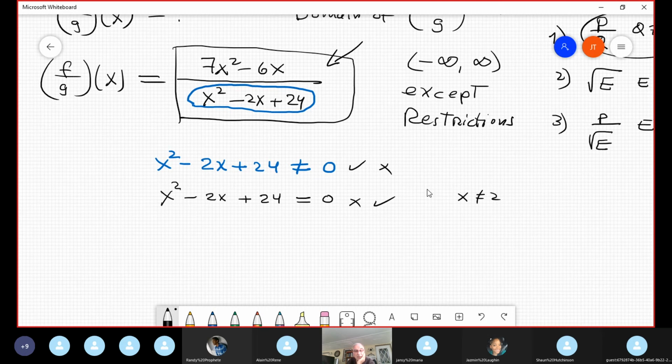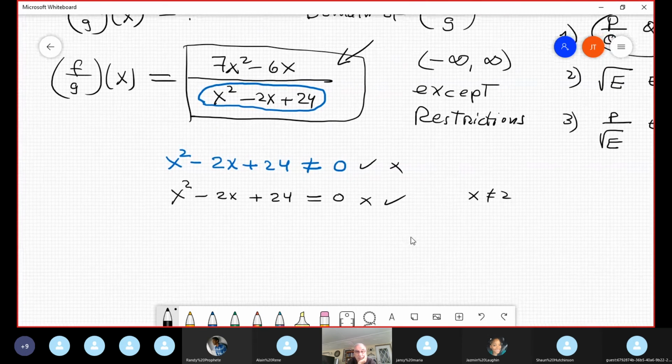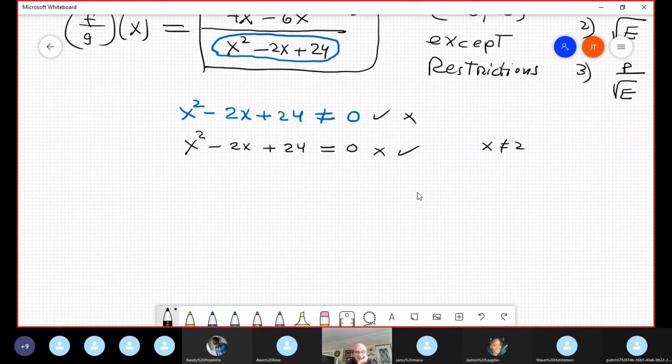So you solve this quadratic equation. Let's do it. In this case, factorization is crazy. No, we use the quadratic formula. a, b, and c: a is 1, b is -2, c is 24. So I apply the quadratic formula one more time.